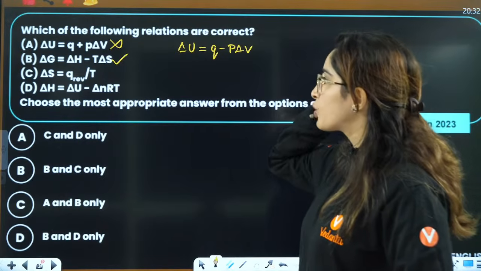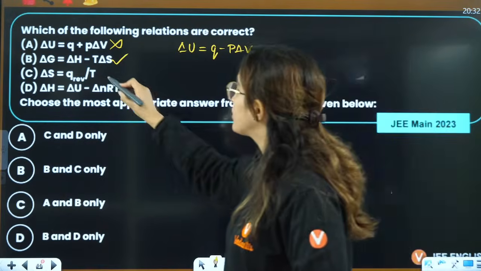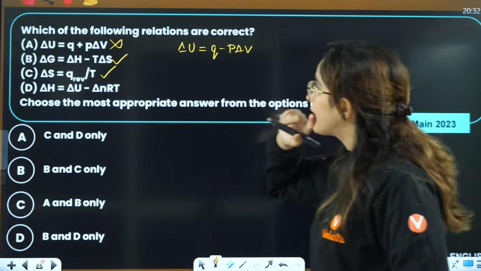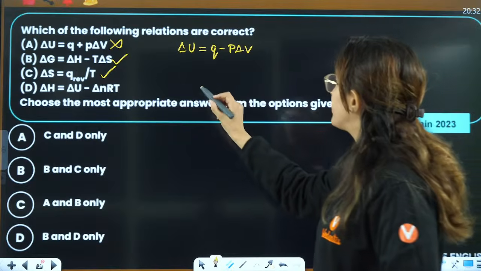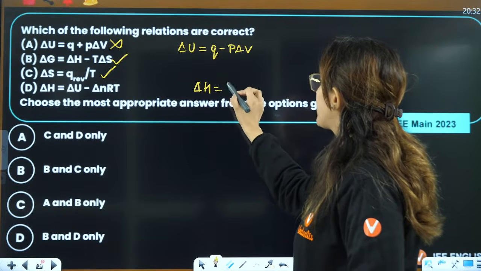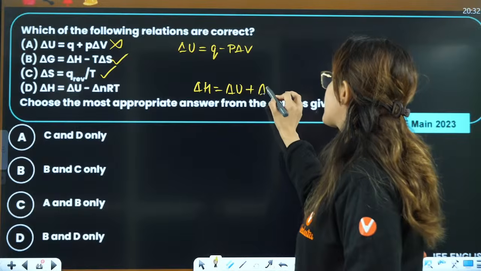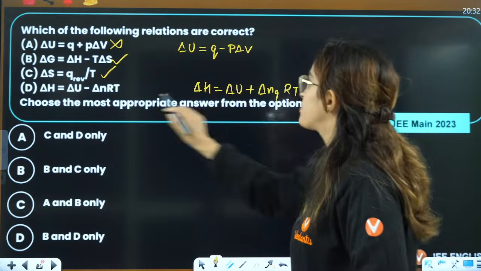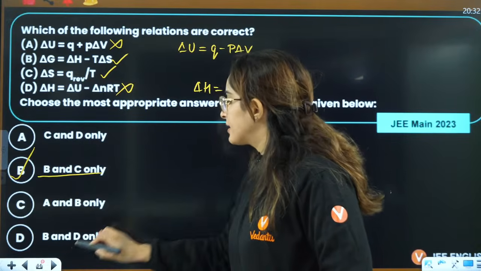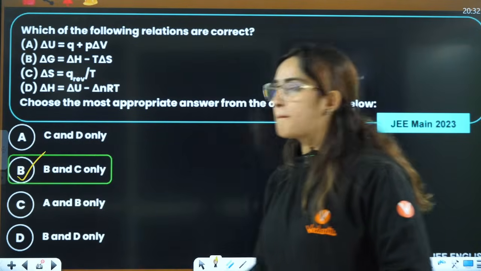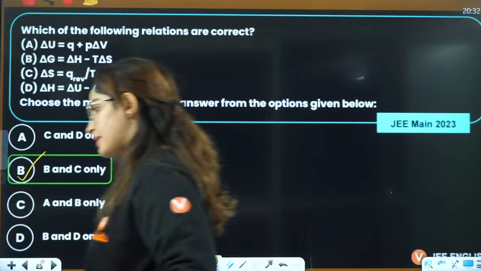Delta S is equal to Q reversible by T, that is absolutely correct. Delta H is equal to delta U minus delta nRT, no, it is delta H is equal to delta U plus delta ng RT. It's plus here, so this is also not correct. So only B and C are correct here. So the answer will be B is the correct answer here.